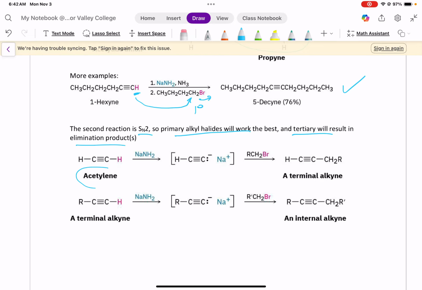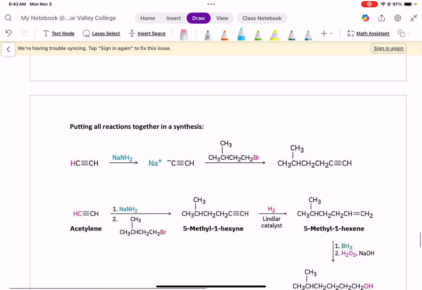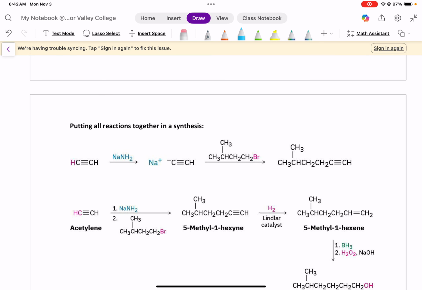Acetylene is really good because you can do it on both sides. You do one side at a time. Your terminal alkyne, and you got an internal alkyne. All right, so here we go, acetylene, and end up with a bigger alkyne.